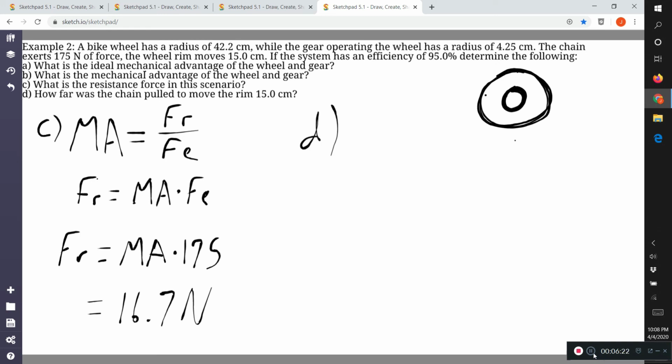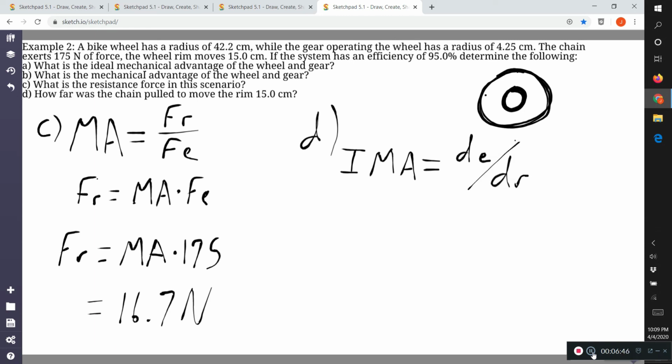But we're going to use our ideal mechanical advantage to do a very specific thing. We know that the wheel rim moves 15 centimeters, so we're going to figure out how far that moves the chain. So our formula for ideal mechanical advantage, which we calculated earlier, is effort distance divided by resistance distance.